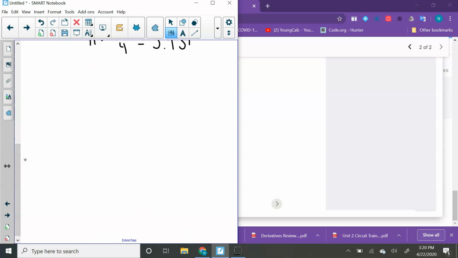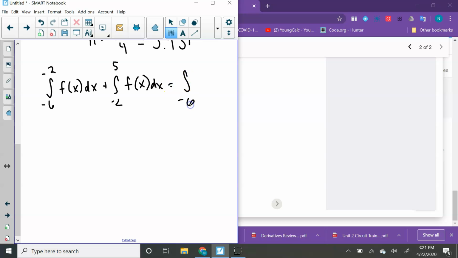So we know that the integral from -6 to -2 of f of x dx plus the integral from -2 to 5 of f of x dx should equal the integral from -6 to 5 of f of x dx.